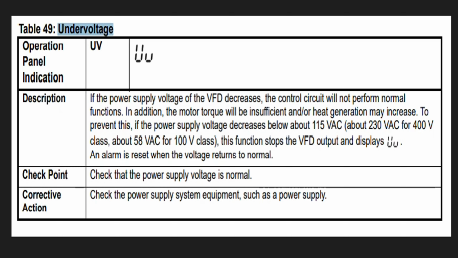What happened at the input supply? There could be a very low voltage than what is required by the VFD, and in that case there could be a few problems. The motor will not get torque, and second, there could be heat inside the VFD. So to resolve this we need to provide one stable power supply.